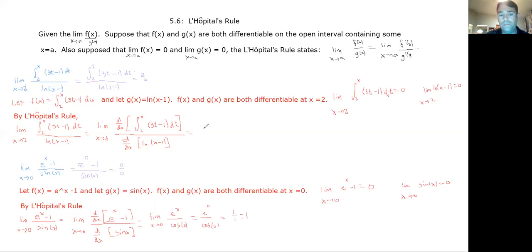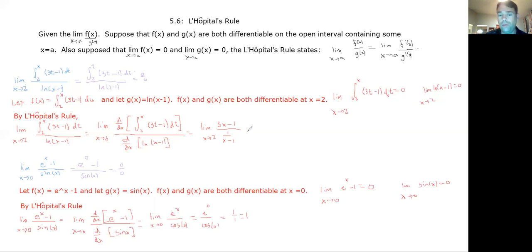And when we do that, we do our second fundamental theorem of calculus on top, and we end up with, instead of 3t minus 1, we're going to get 3x minus 1. And instead of natural log of x minus 1, we're going to get 1 over x minus 1.